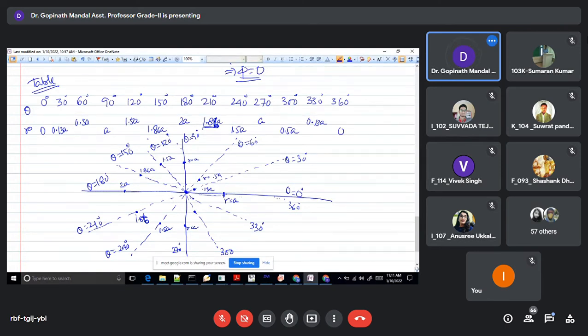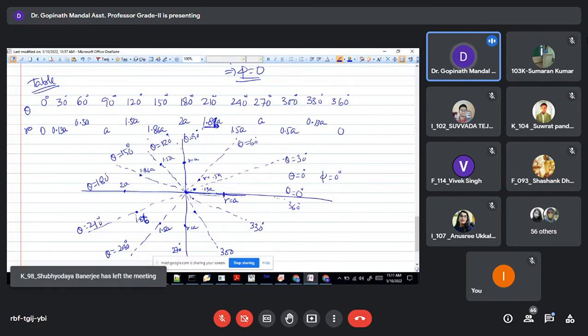Now the tangent at theta equal to 0, phi is 0. That means this is the line of tangent. So this is the tangent at theta equal to 0, and the curve goes here, touches all the points and goes through here.